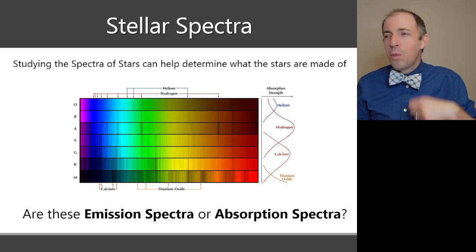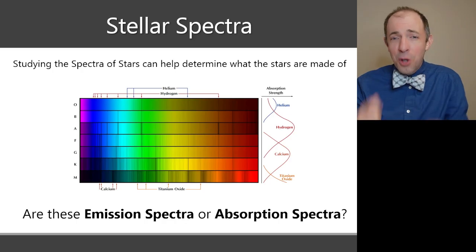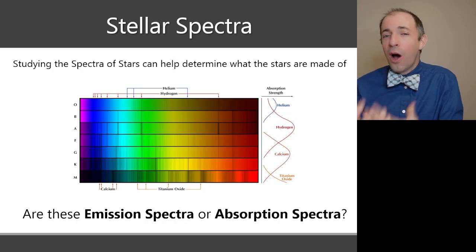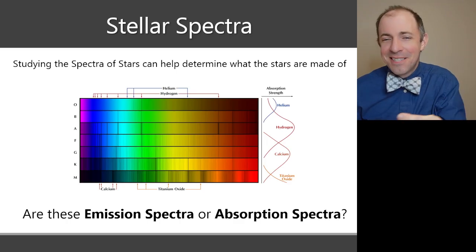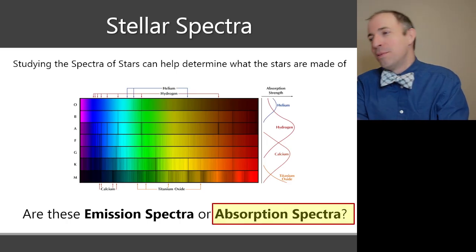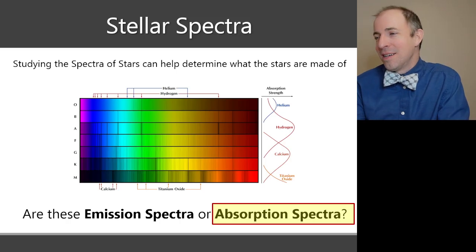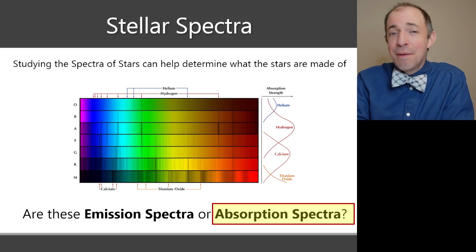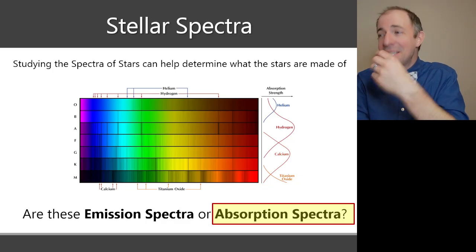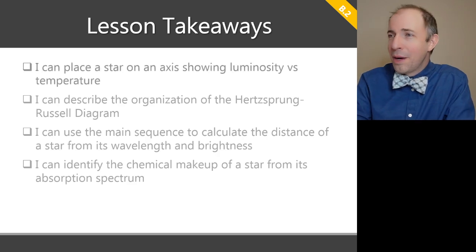So just by looking at which colors of light are no longer in the light, we know which elements exist inside the star. We call these absorption spectra because it's the lines of the missing wavelengths that we are not seeing due to the elements inside.